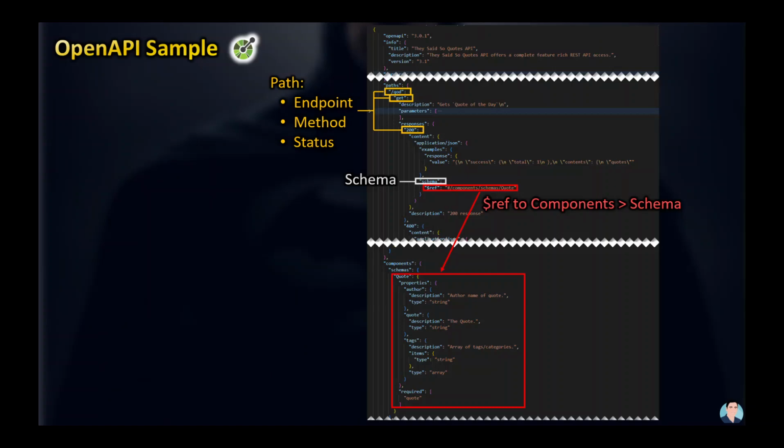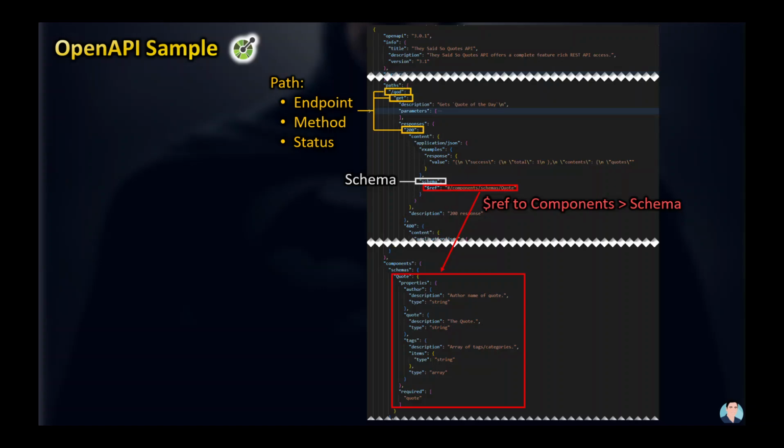This is an example of an OpenAPI file. At the top it includes the version of the OpenAPI, information about the API, and a section called paths.